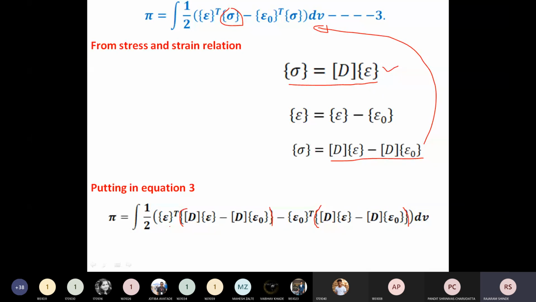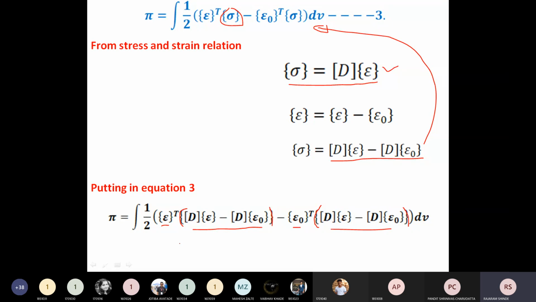Here half of epsilon transpose d into epsilon, d into epsilon 0. Just I have used this in this equation, equation number 3. Okay. Now after that minus epsilon 0, again I have used the sigma here, is d epsilon minus d epsilon 0. Okay. Now I will multiply this term to this bracket, this term to this bracket.